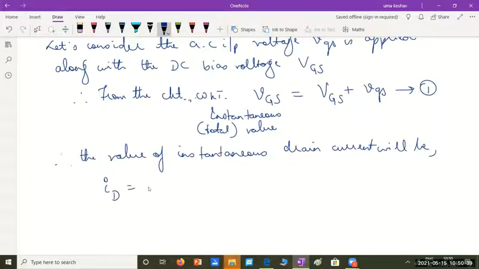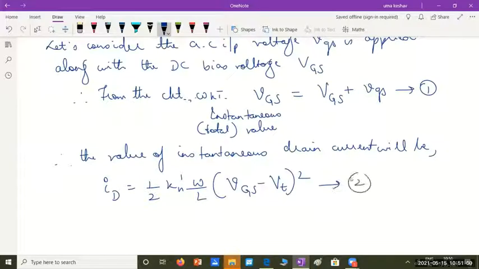How? iD is half Kn dash W by L, instantaneous vGS minus Vt, the whole square. Equation 1 and equation 2: you substitute equation 1 in 2 for this vGS.